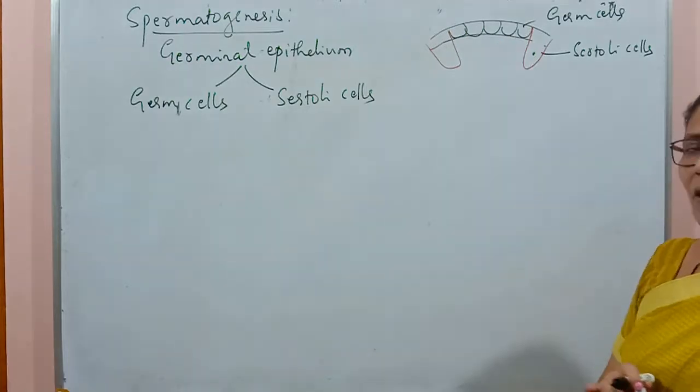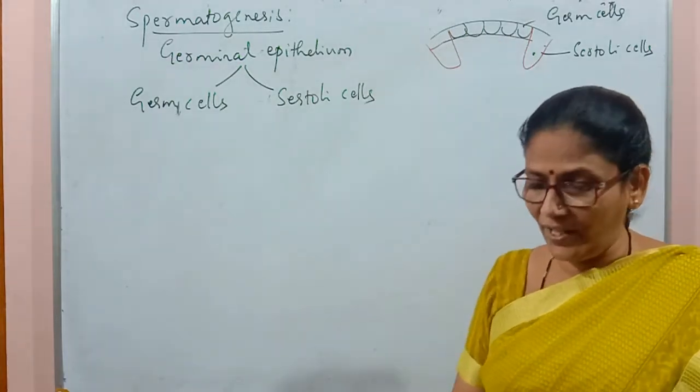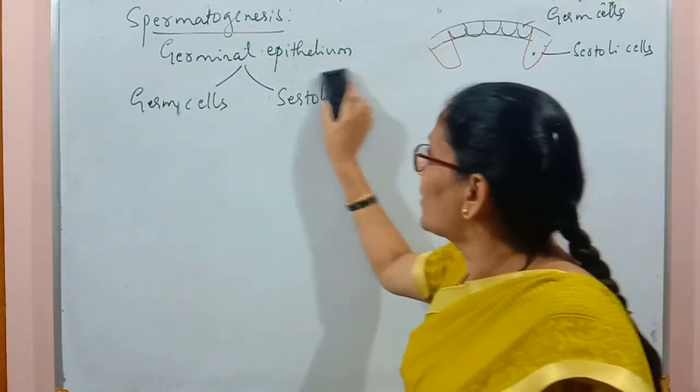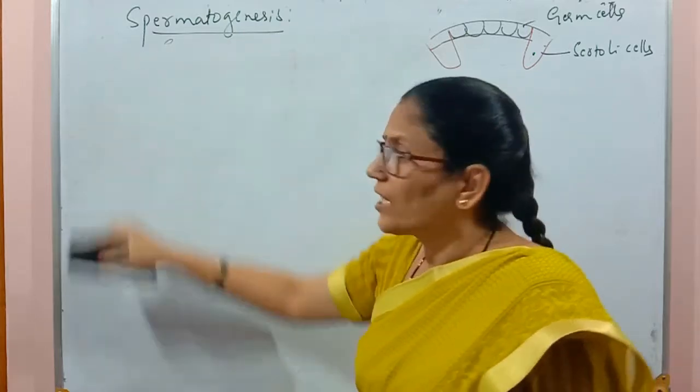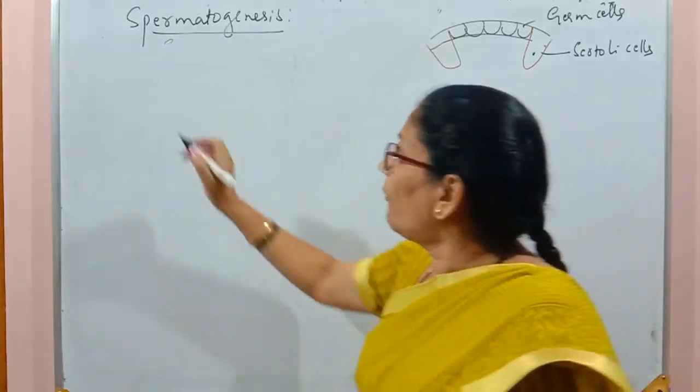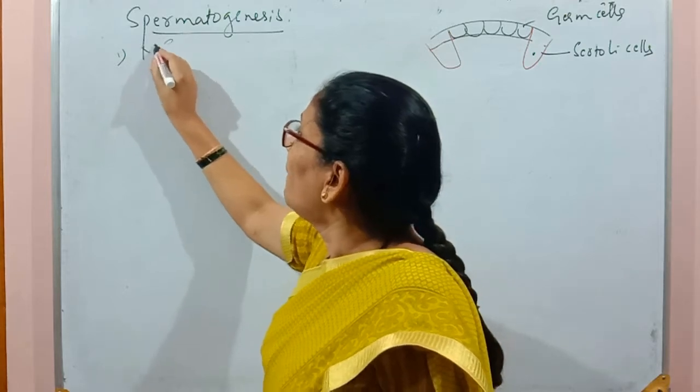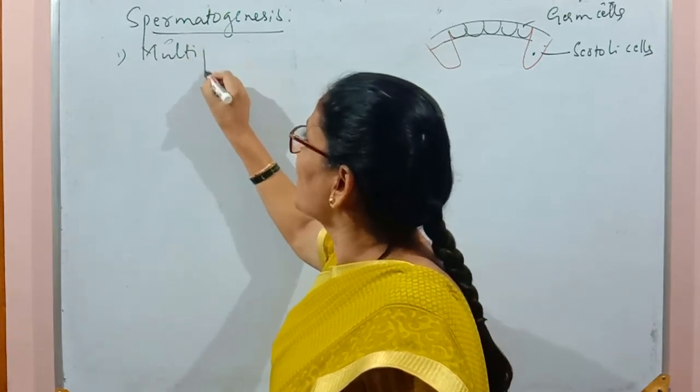So now we will start with the three phases. Already we have mentioned the three phases are required to complete the spermatogenesis process. The first phase is called the multiplication phase.